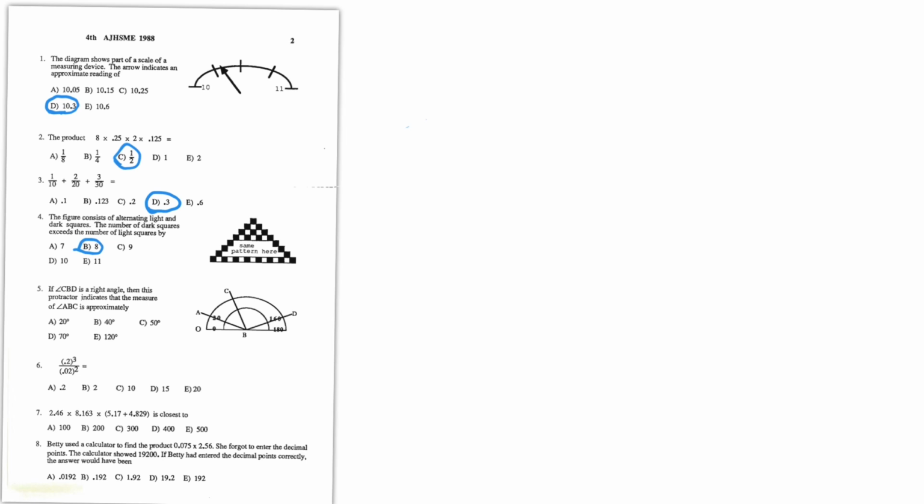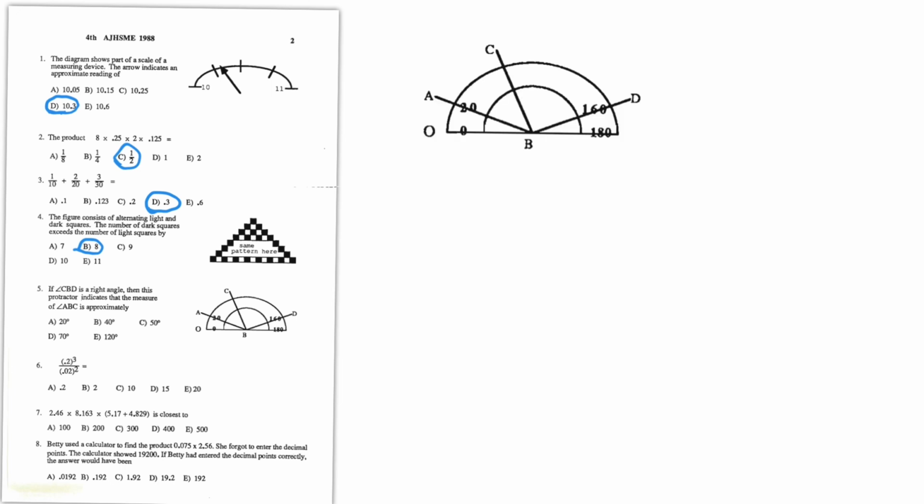Number 5. If angle CBD is a right angle, then this protractor indicates that the measure of angle ABC is approximately. We are looking for the angle ABC, this angle.